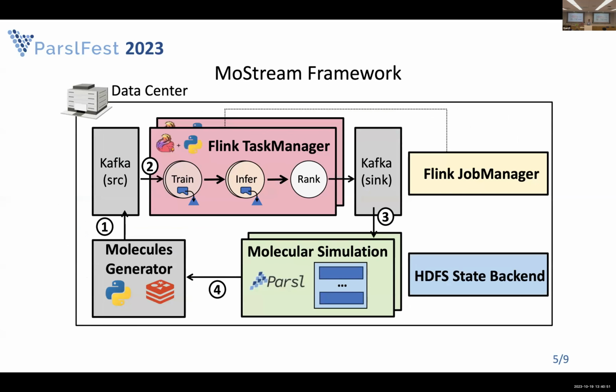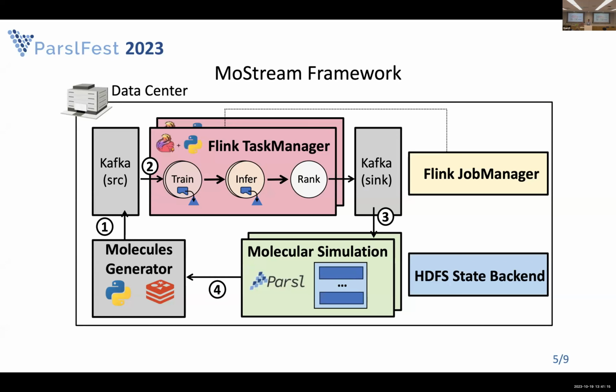First, we have a molecular generator which continuously generates a data stream of molecular messages that contain, for example, the SMILES string of the molecule and the ground truth IPs. And then Flink keeps consuming real-time molecular messages and processes the data streams to generate ranked molecules with high IPs.